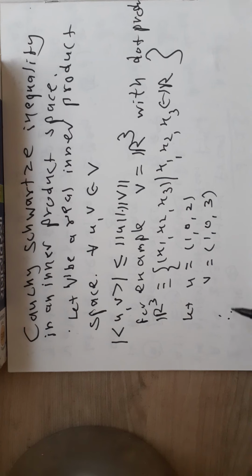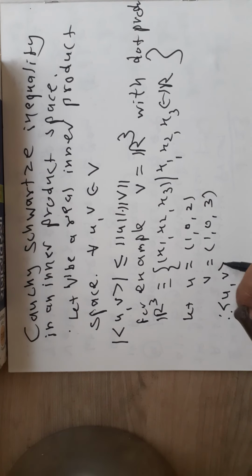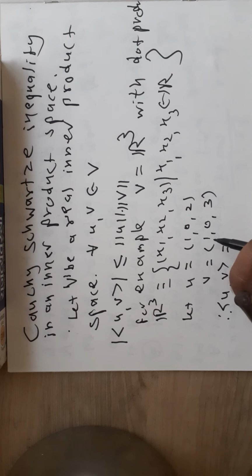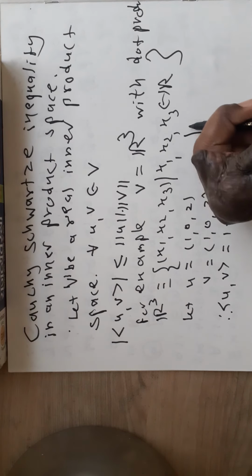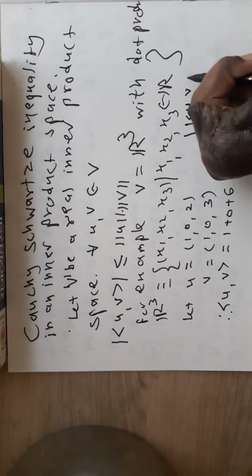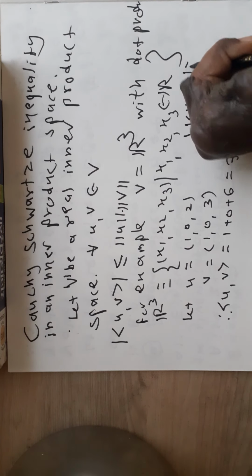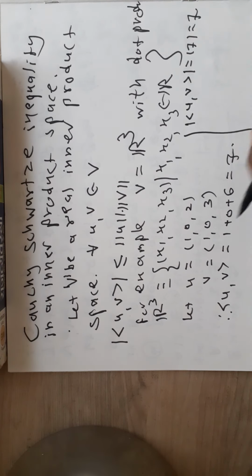Here therefore u dot v, angle bracket u comma v, is equal to 1 into 1 plus 0 plus 6 is equal to 7. Now here, the modulus of angle bracket u comma v is equal to the modulus of 7, which is 7.